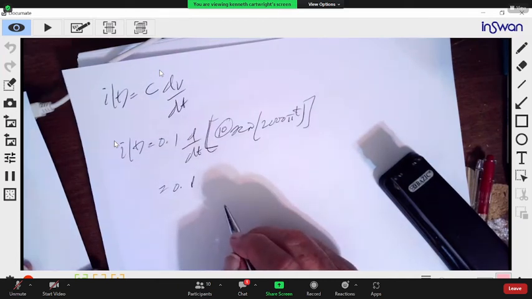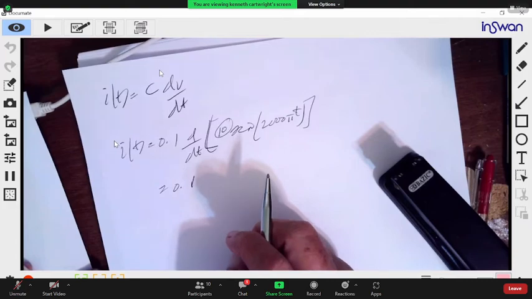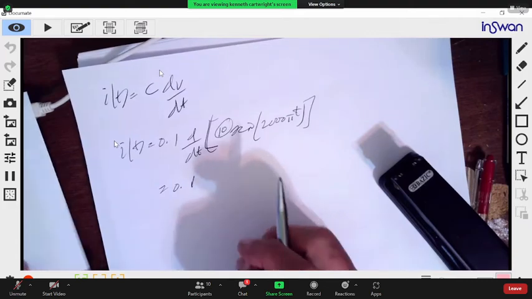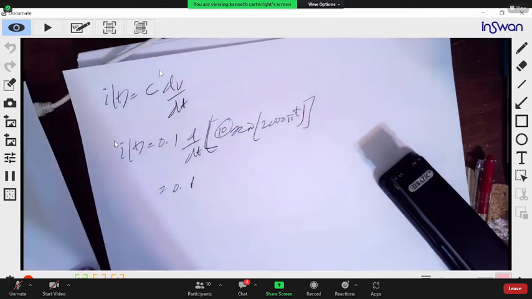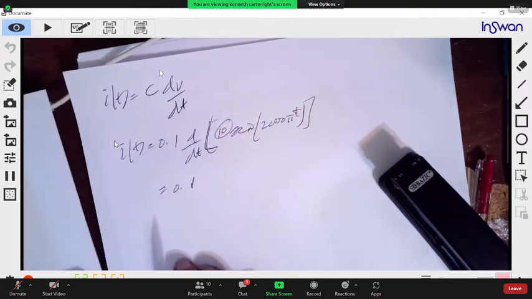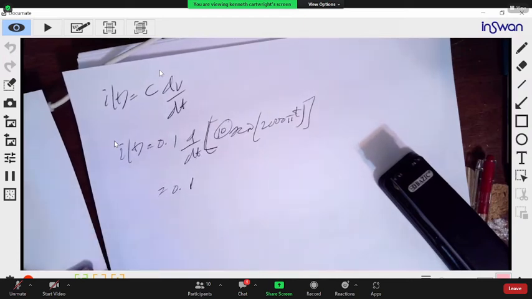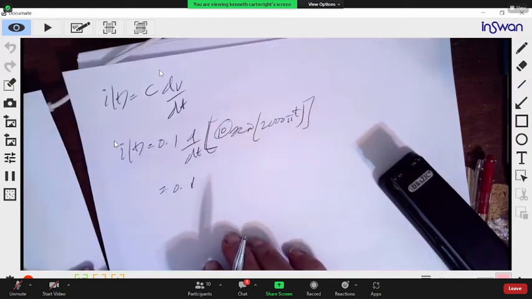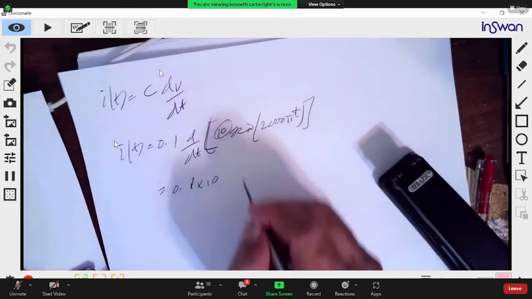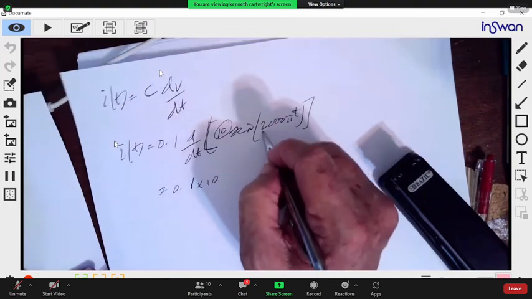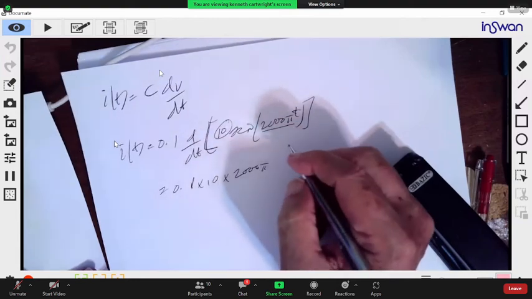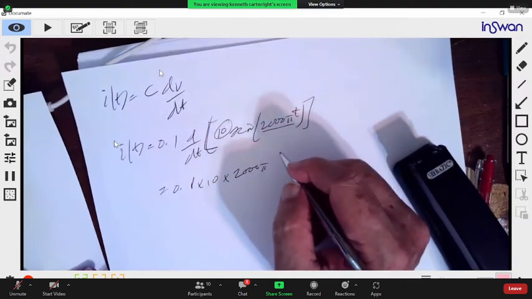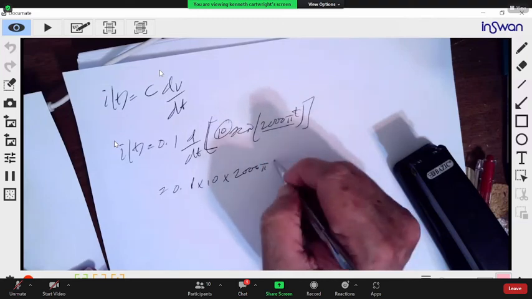No, you're confusing the old method with the new method. You're taking the derivative of sine, and the derivative of sine is cosine. By the way, in the old method you add 90 degrees: the current's ahead of the voltage by 90 degrees. Here the 10 amplitude stays the same, and we multiply by omega. That's the rule for differentiating sine waves: we multiply by omega, and we change sine to cosine.